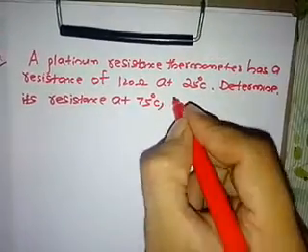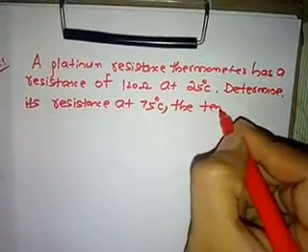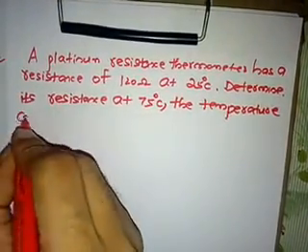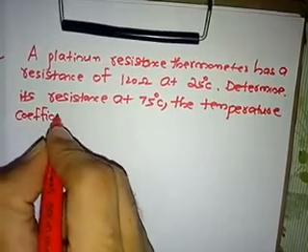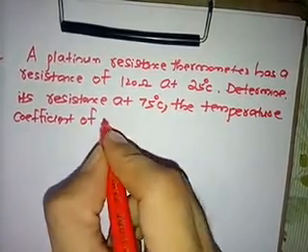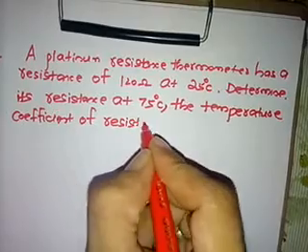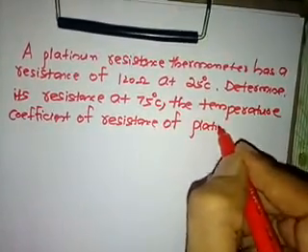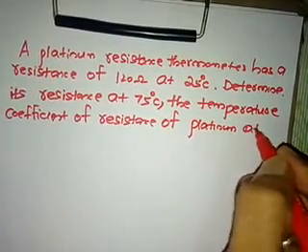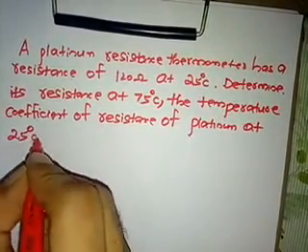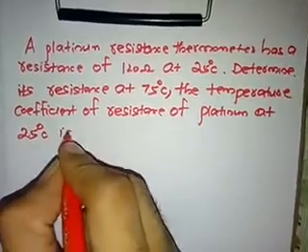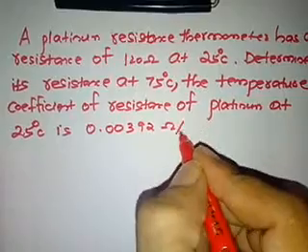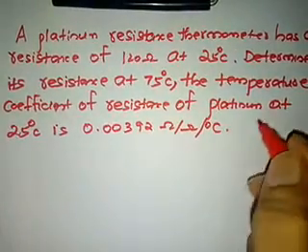The temperature coefficient of resistance of platinum at 25 degrees Celsius is 0.00392 ohm per degree Celsius.